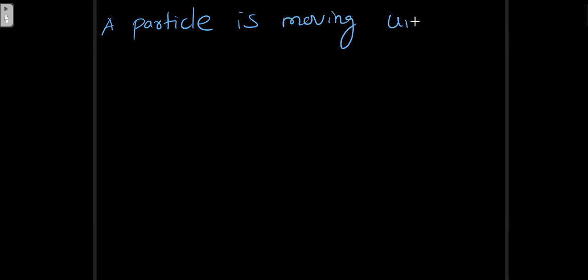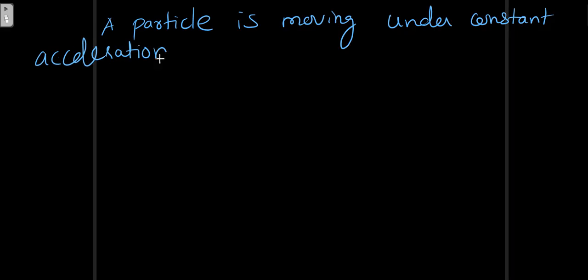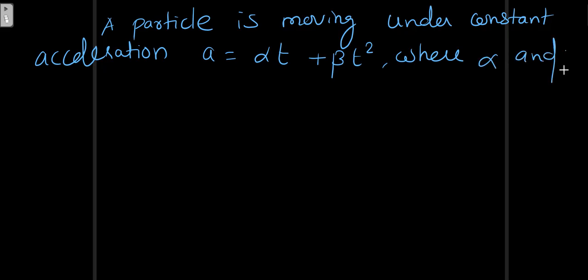A particle is moving under acceleration a equal to alpha t plus beta t square, where alpha and beta are constants.